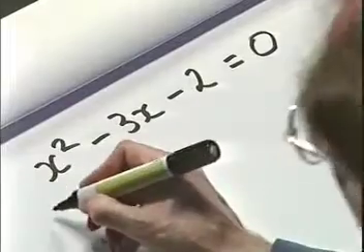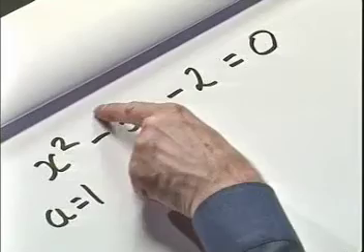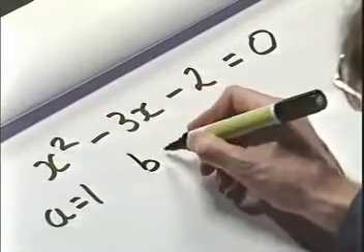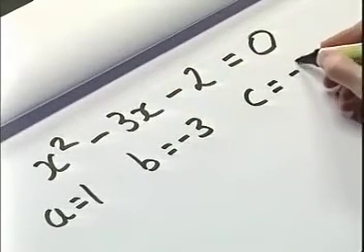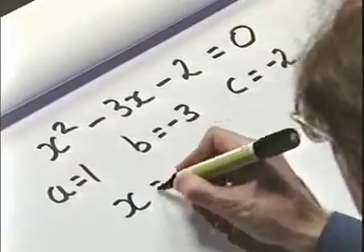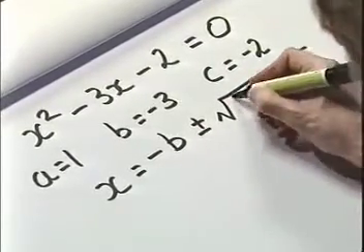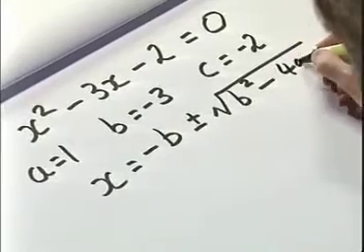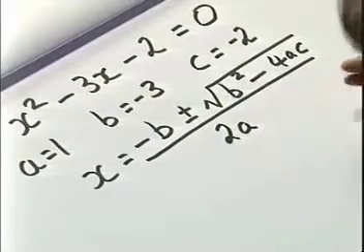There's 1x squared, so a must be equal to 1. b is the coefficient of x, and that's minus 3, so b equals minus 3. c is the constant term, and so here c is equal to minus 2. Let's write down the formula. X equals minus b plus or minus the square root of b squared minus 4ac all over 2a. By writing it down each time, it's a way of helping to remember it.